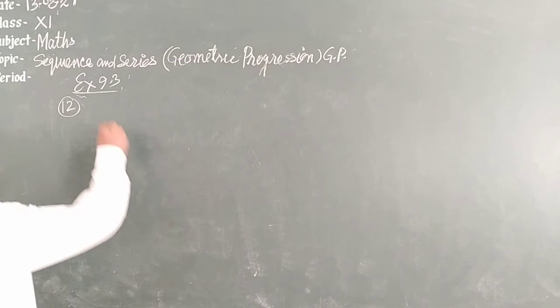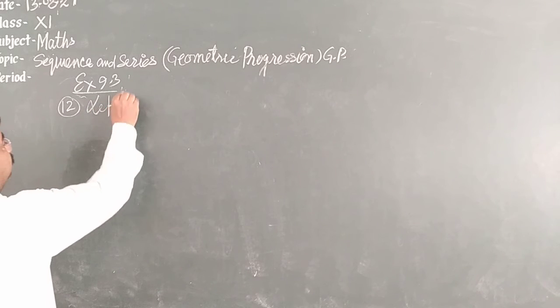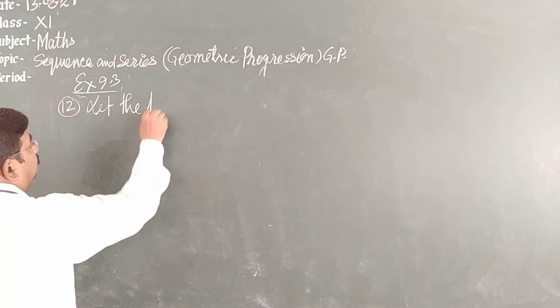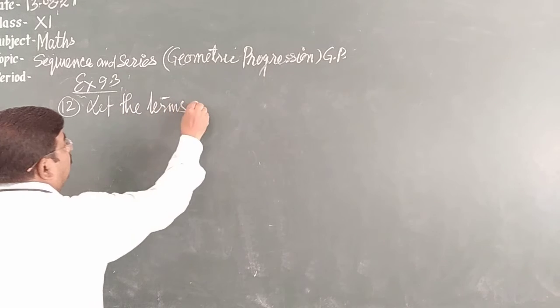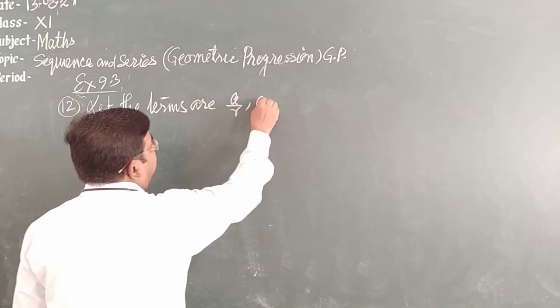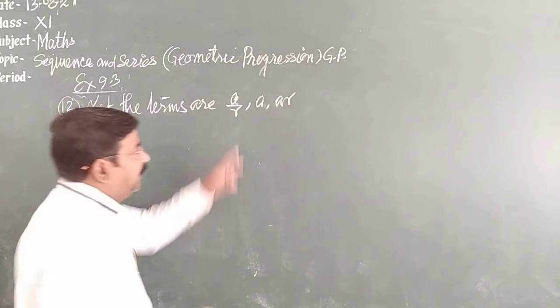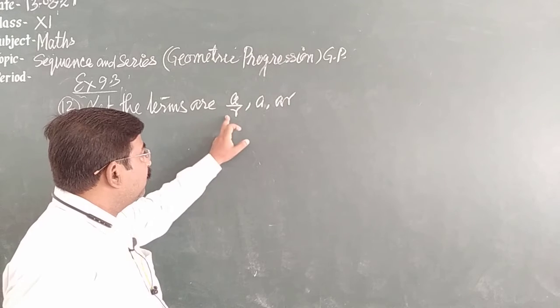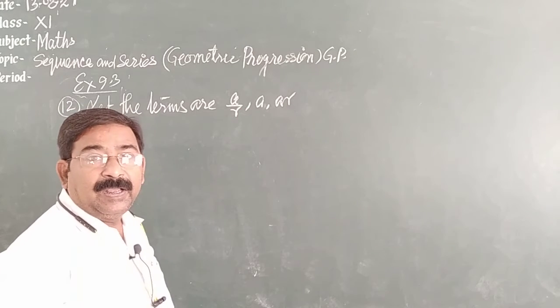Means we can write it like this. Let the terms be a upon r, a, ar. Here a is the middle term, one term is before it and one term after it.